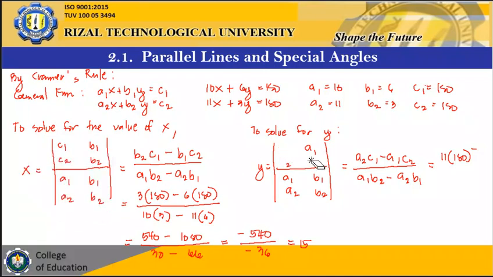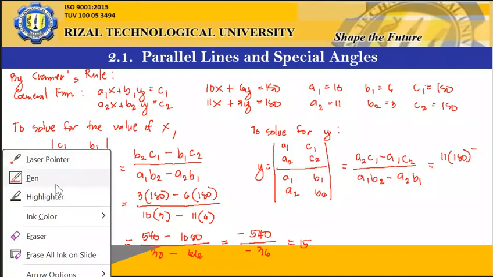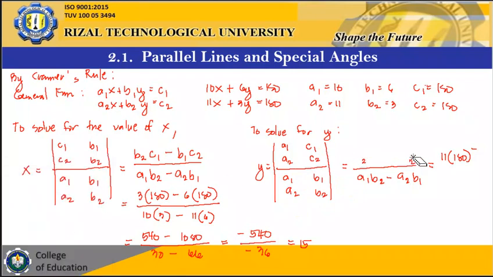So this would be a sub 1, a sub 2, c sub 1, c sub 2. Okay, so that this would be a sub 1, c sub 2 minus a sub 2, c sub 1.